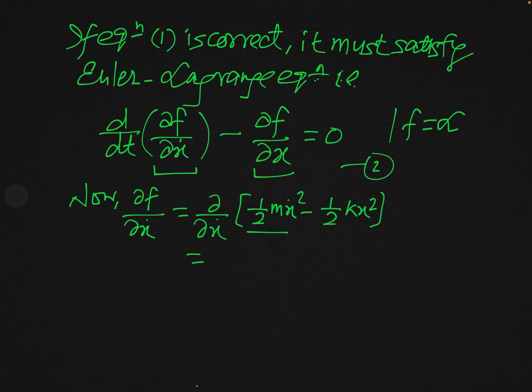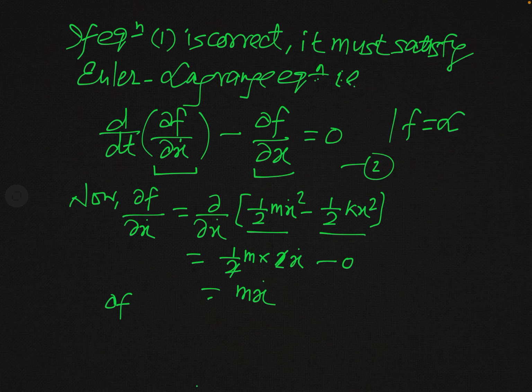When this operator is operated on the first term, it will be half m, because it is constant, and x dot square differentiated with respect to x dot is 2x dot. The derivative of the second term will be 0 because it is not a function of x dot. So this is simply m x dot.